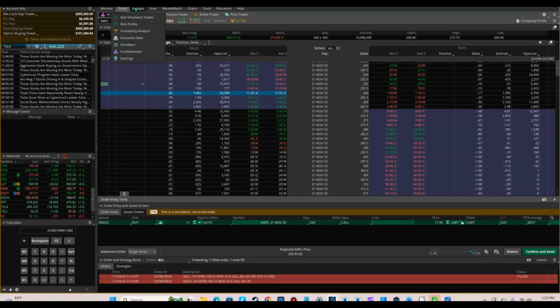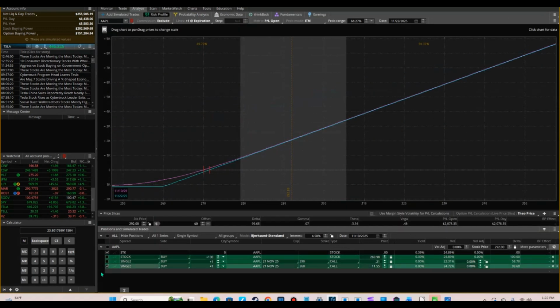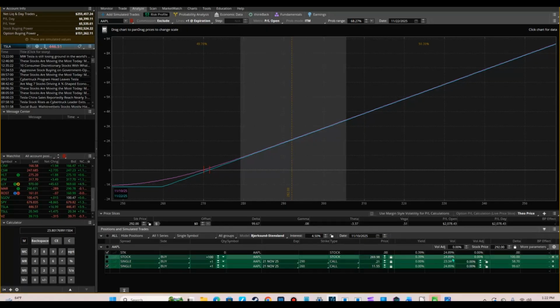But let's simulate some of the things we did before. Let's make sure we have, yes, we've got the in-the-money call. Let's go through and simulate what happens if we change volatility. So let's bring up volatility.